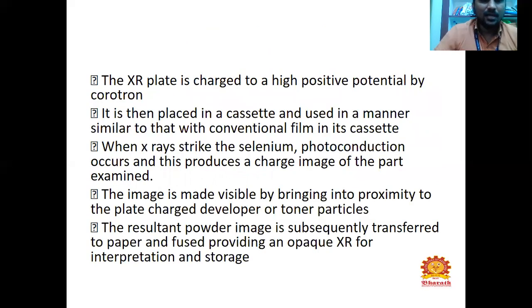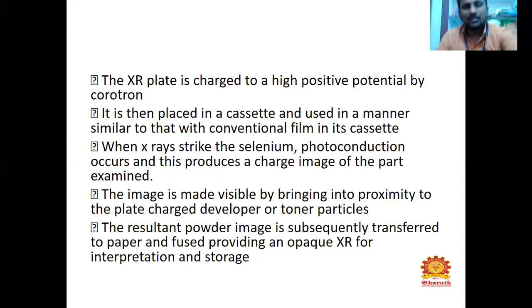In this, the XR plate is charged to a high positive potential, and it is placed in a cassette and used in a manner similar to that of conventional film in its cassette. When X-rays strike the selenium, photoconduction occurs and a charged image of the part examined is produced.